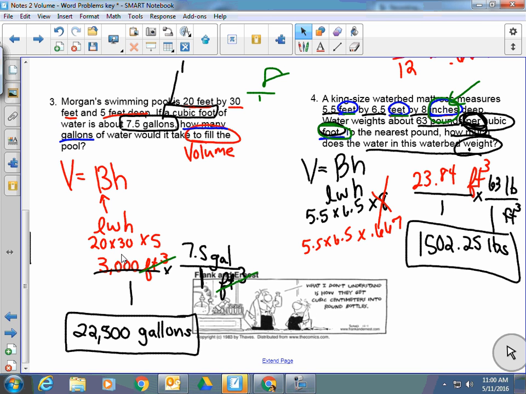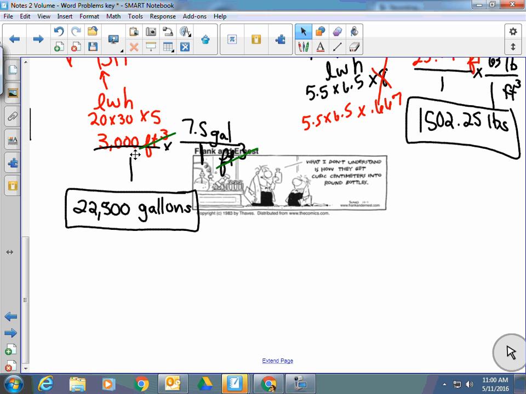Okay. But then it was something about gallons of water, and I wasn't sure. Well, it reads right here that a cubic foot of water is 7.5 gallons. So if I'm talking about having to convert right here, I'm going to take that 3,000 feet cubed. And remember, we want gallons, so we're going to put the gallons on top. So it's 7.5 gallons for every 1 foot cubed.